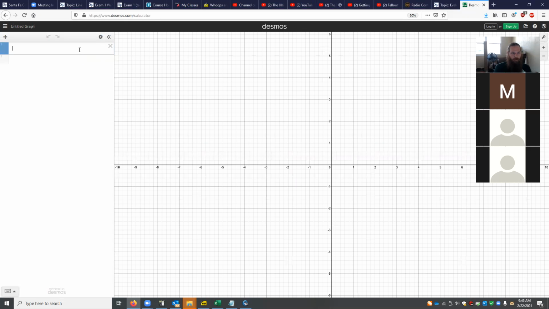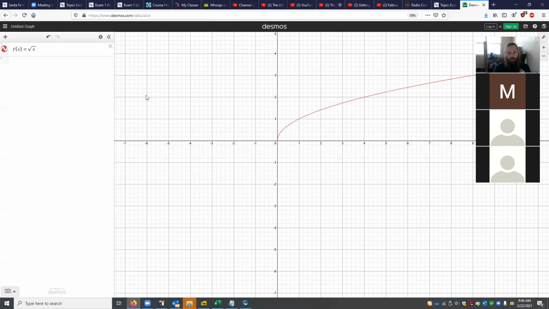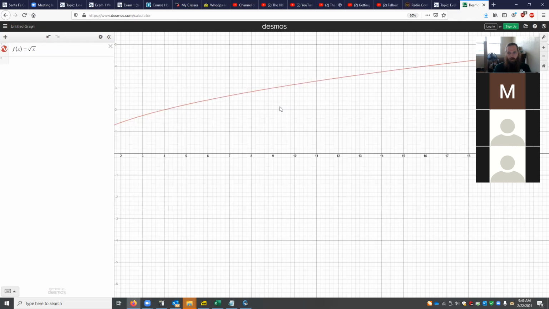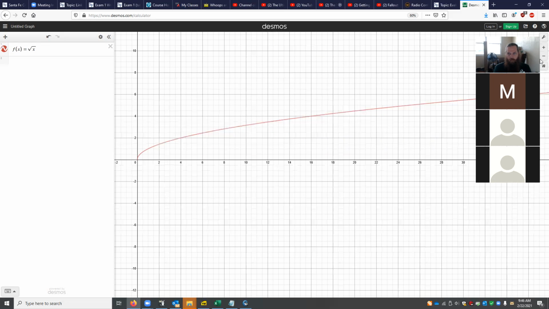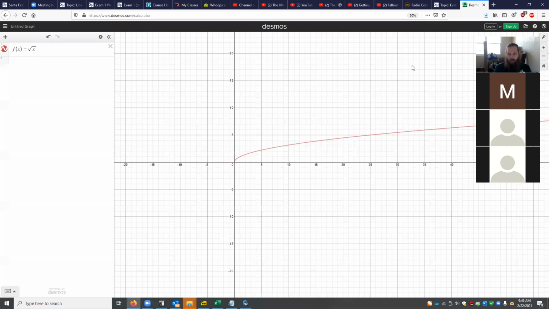Kind of graphically, here's what's going on. I am going to zoom out a little bit here. All right. So I know right here on the graph, there's this point, 36, 6.